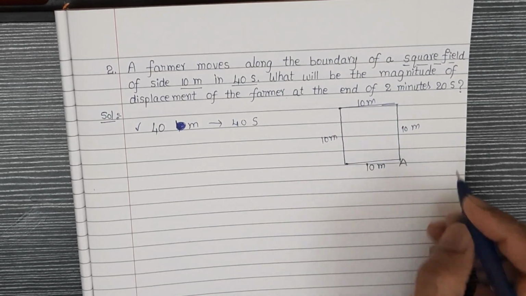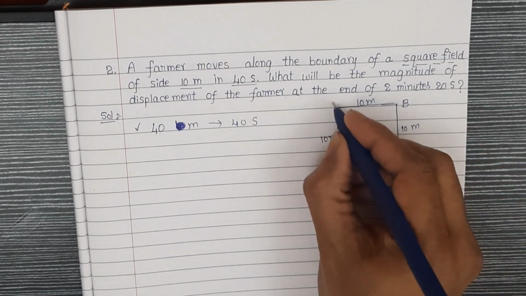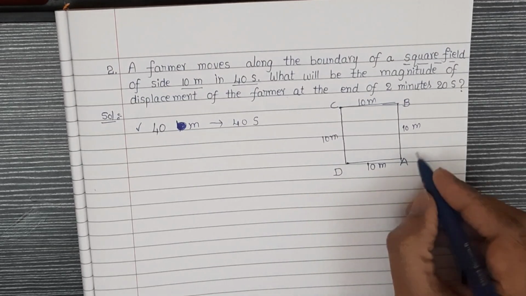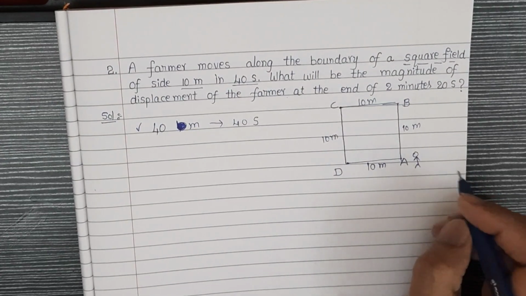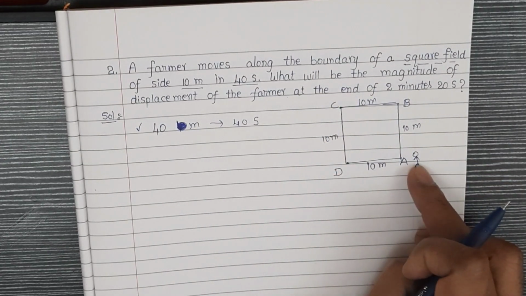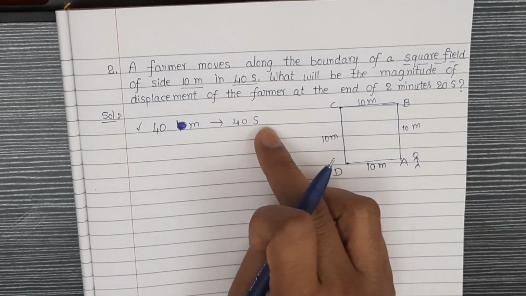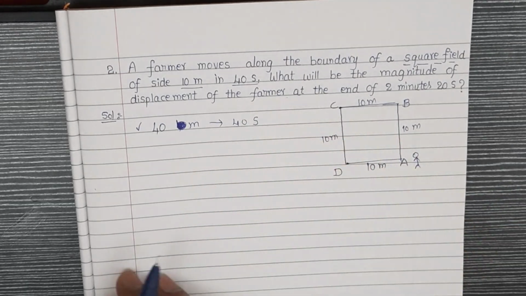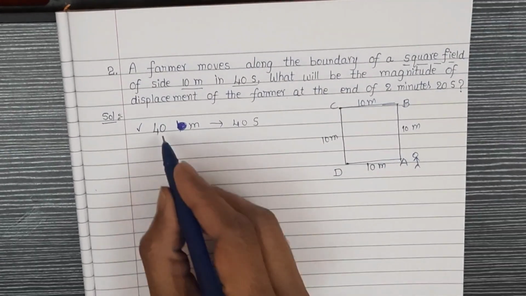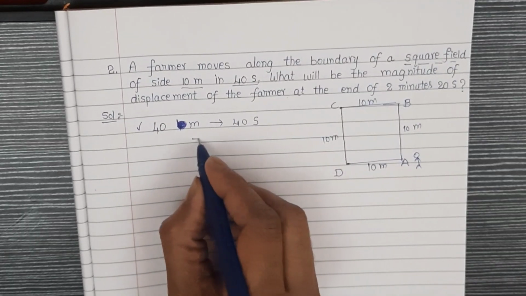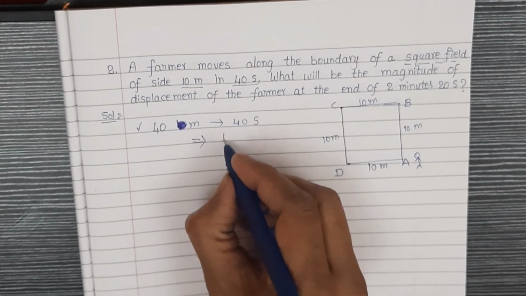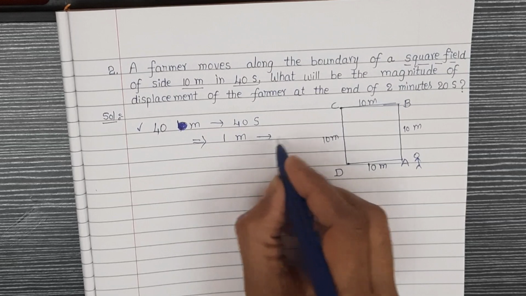Suppose you assume the points are A, B, C and D. Here the farmer starts and completes one round, 40 meter, in 40 seconds. That is what is mentioned in the question. So it is clearly evident that 40 meters in 40 seconds means we can easily say 1 meter in 1 second.